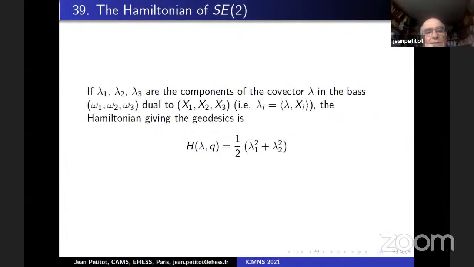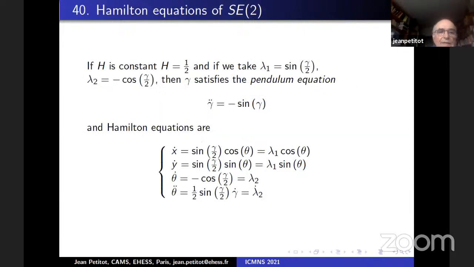If the lambda i are the components of the covector lambda in the basis omega i dual to the basis xi, the Hamiltonian giving the geodesics is half the sum of the squares of lambda 1 and lambda 2. And if H is constant, and if we make the change of variable lambda 1 equals sine of half gamma and lambda 2 equals cosine of half gamma, then gamma satisfies the pendulum equation.